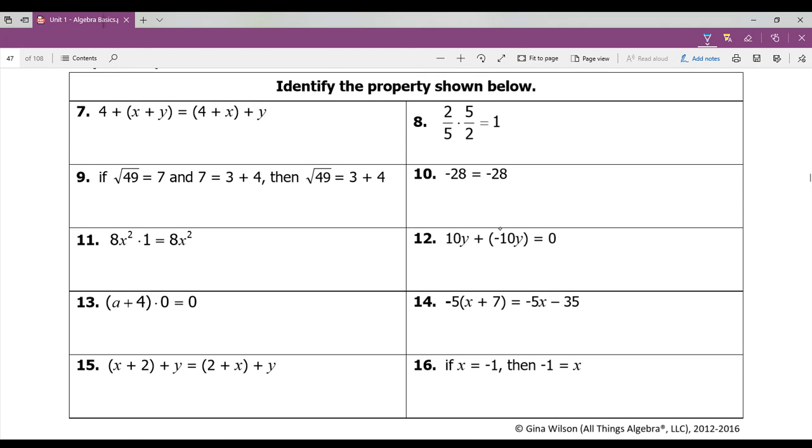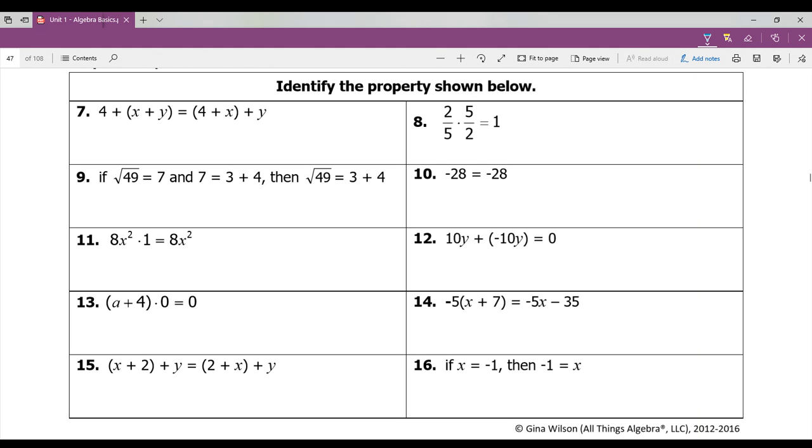Now we're talking about properties. Okay, so this is where we talk about the commutative, associative, reflexive, symmetric, all that stuff, okay? So let's look at what we're talking about here. We've got 4 plus the quantity x plus y equals the quantity 4 plus x plus y.